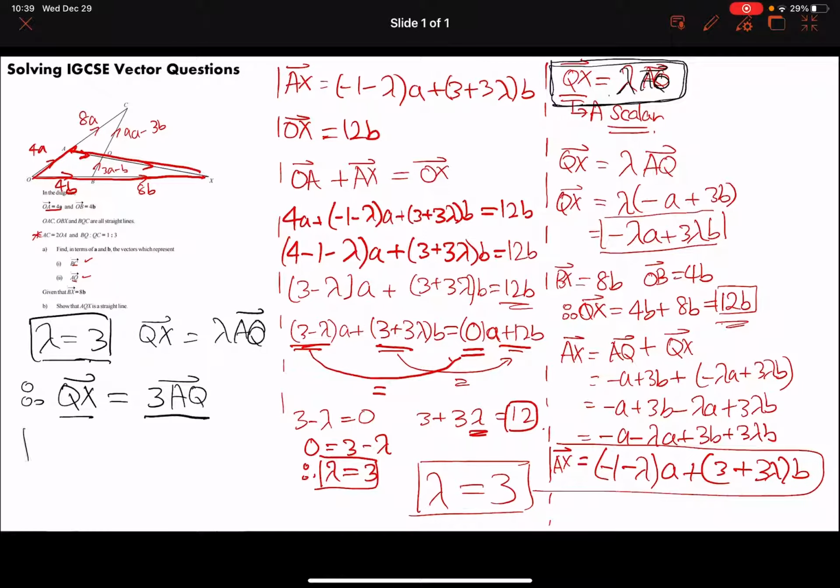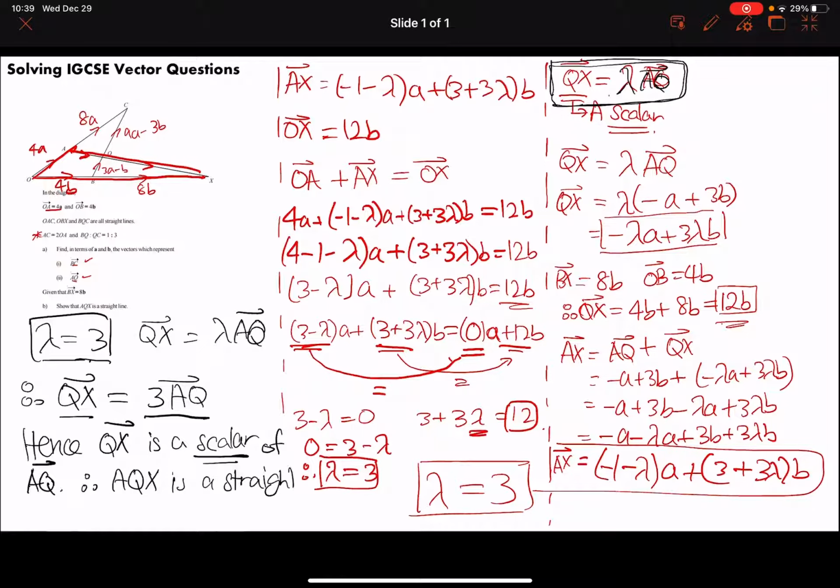Hence QX is a scalar multiple of AQ, and this statement is important. You have to state this in order to get full marks. So since it is a scalar multiple of AQ, therefore AQX is a straight line. This is the concluding statement. You have to state it, and then if you want, you can write QED or something in Latin. I'd say it's quite easily done.